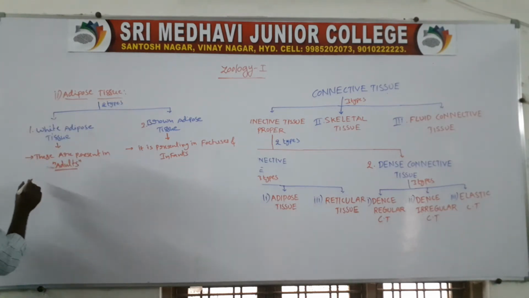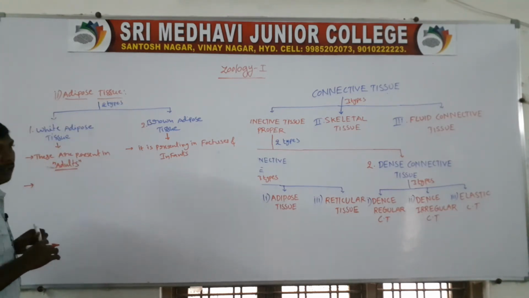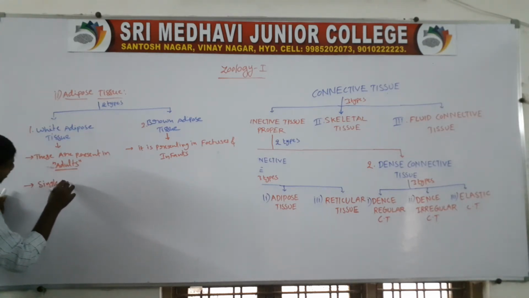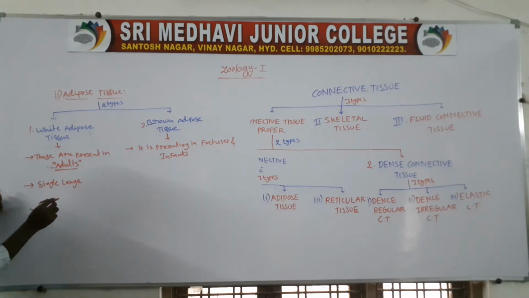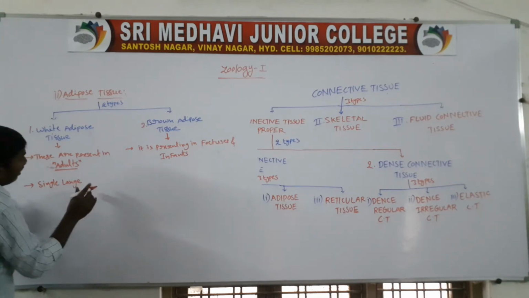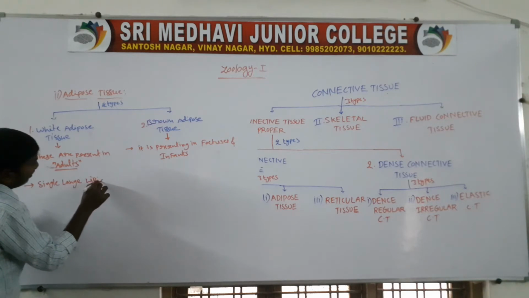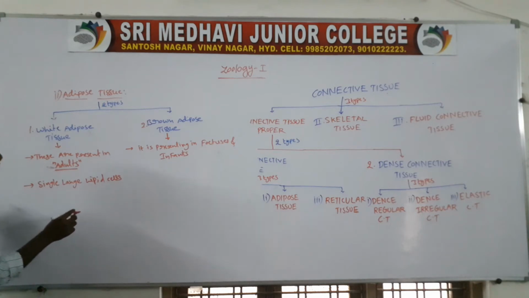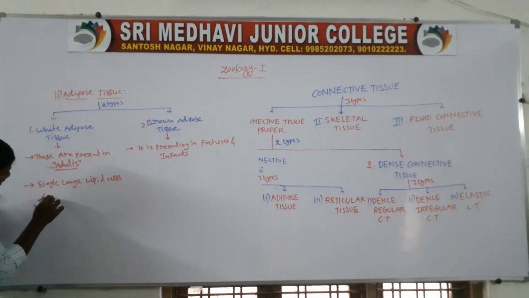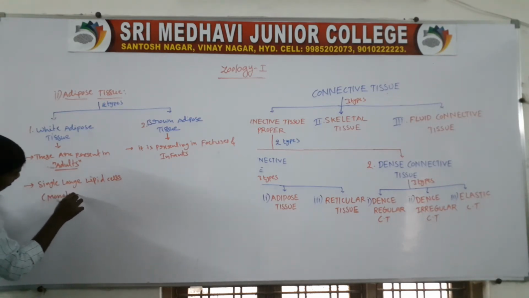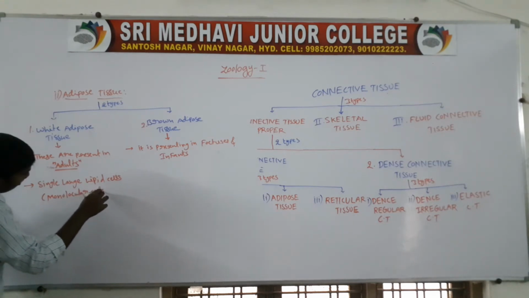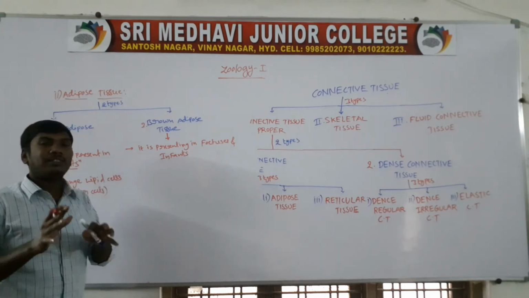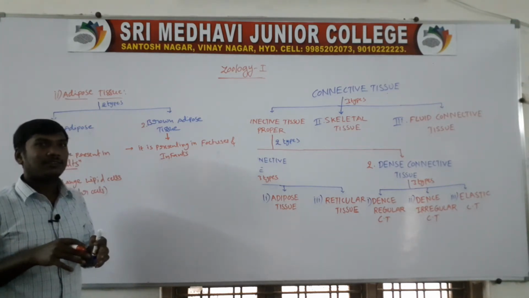Next one, the white adipose tissue is composed of large single lipid cells, so they are unilocular cells, with a single large lipid droplet.